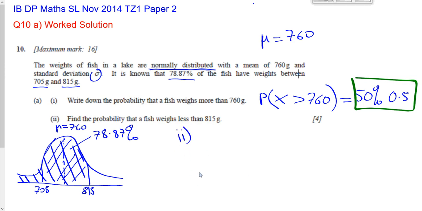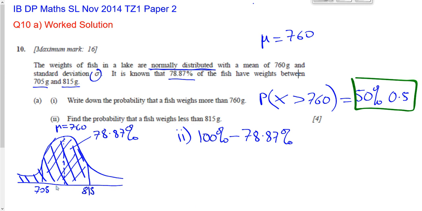We can say that we've got 100% minus 78.87%. I'm trying to figure out what these ends are worth, so I'm just minusing that off.